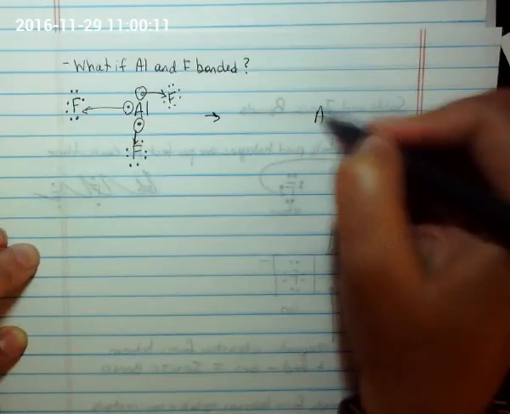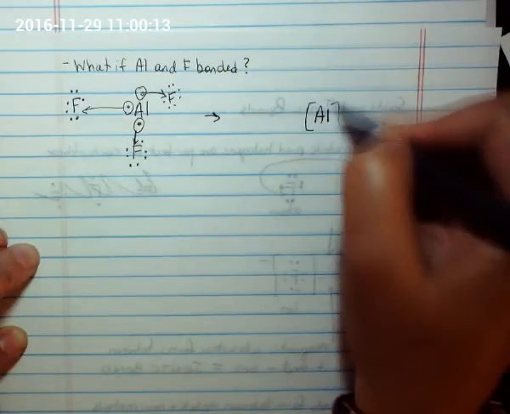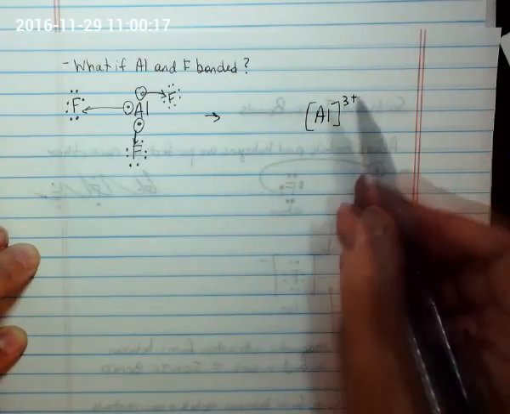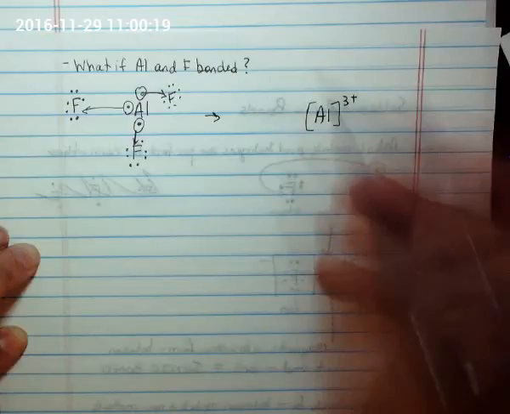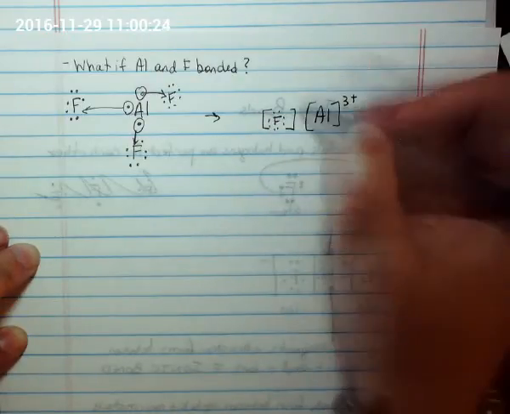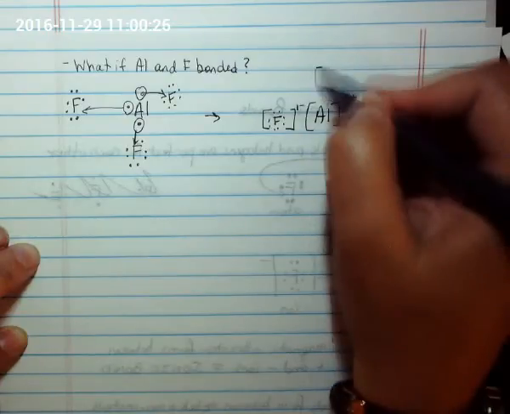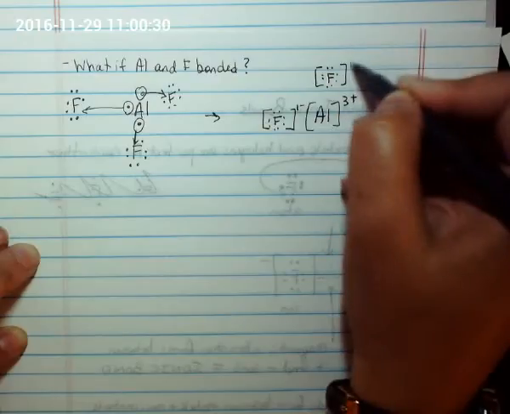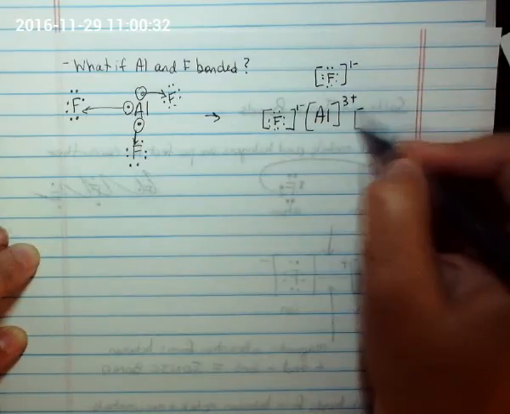And so we're going to end up making the aluminum ion, right? Which I'm going to draw in square brackets with the charge in the corner with no dots around it, surrounded by fluoride ions that have 8 dots around them, a charge of -1. And I'm going to put the fluorines in a way where I'm trying not to put the 2 fluorines side by side.